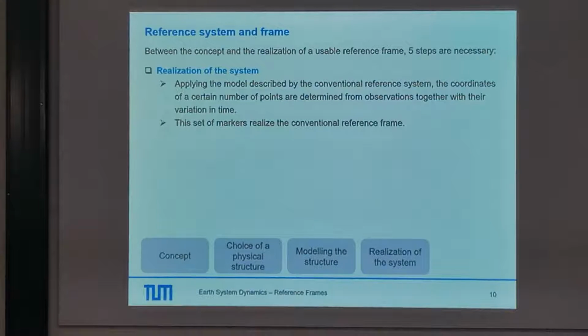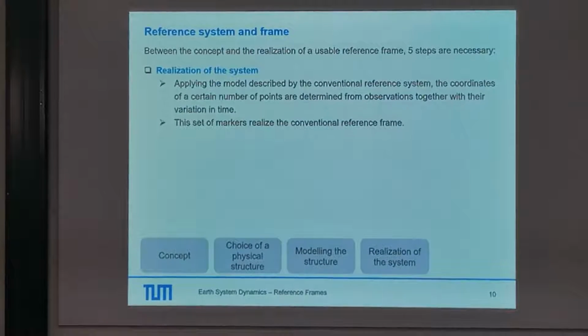The coordinates of a certain number of points are determined from observations together with their variation in time. And this is exactly what we do in geodesy. We use space geodetic observations like GNSS, SLR, VLBI, DORIS, and so on, in order to determine point positions on the Earth crust, or we use VLBI observations in order to determine the coordinates of the extragalactic quasars, so in the ICRF.